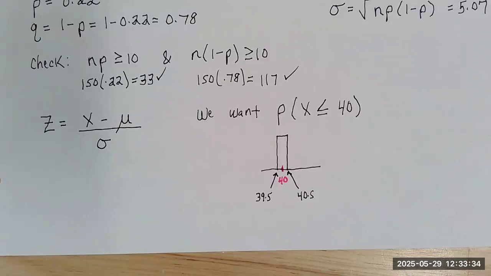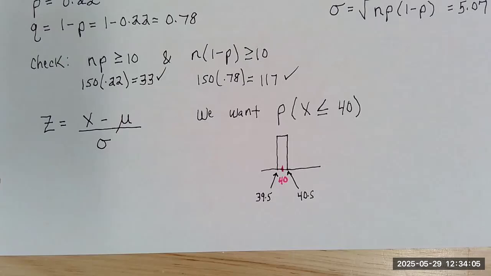And if I was at 40.5 and I need to do less than or equal to, if you're at 40.5, it's going to include the 40 in the number. If I subtracted 0.5 from the 40, I'd be here. And if I have to do less than or equal, we're going to keep going this way. If I'm at 39.5, am I going to include the 40 if I'm doing less than?